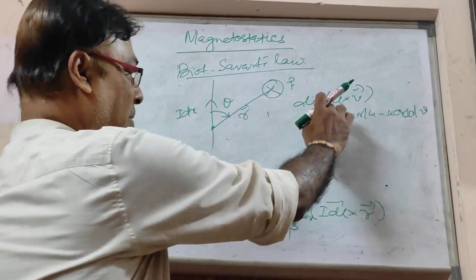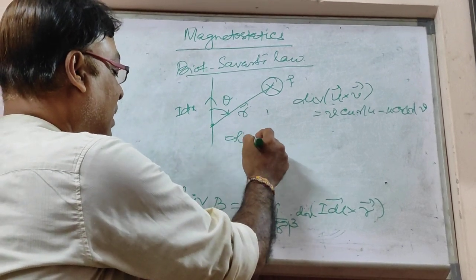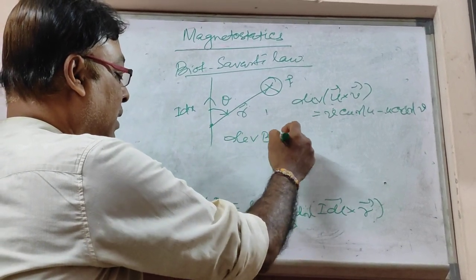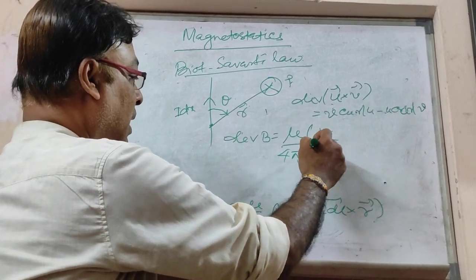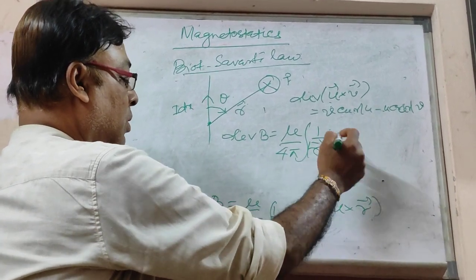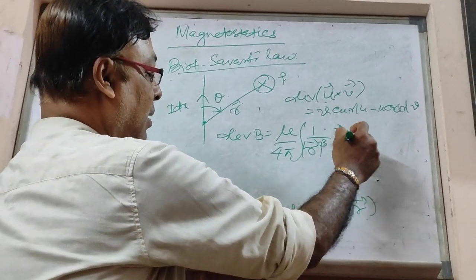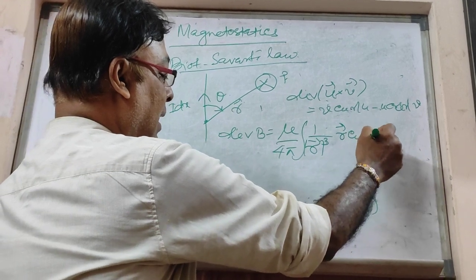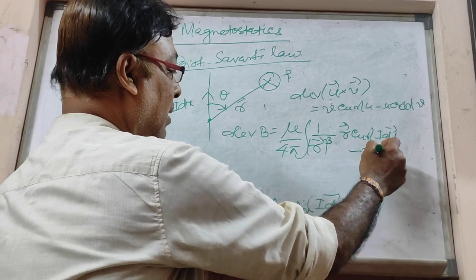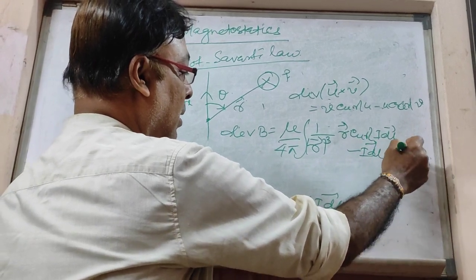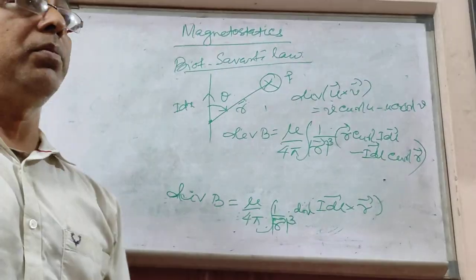Applying those basics, we can write divergence of B is equal to mu by 4 pi, 1 by R vector magnitude cube, into R dot curl Idl minus Idl dot curl R. Now we know that the curl deals with the rate of rotation.